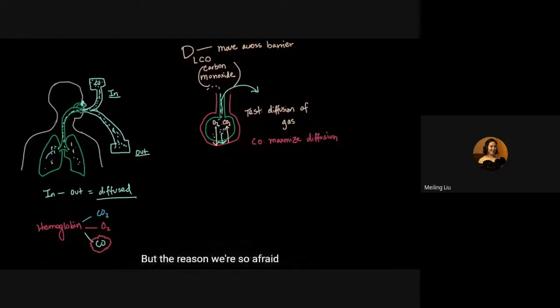But the reason we're so afraid of having carbon monoxide at home is, if you can imagine, there's a leak and there's carbon monoxide in the air at home. Many molecules of that. And there's also regular oxygen that we usually want. So if your hemoglobin is picking out of these gases to pick up, you're going to choose all the carbon monoxide because you just like it better. So instead of carrying oxygen, it's going to carry carbon monoxide like this.